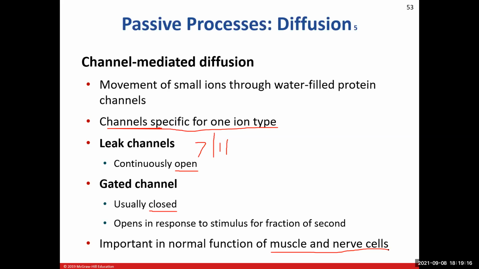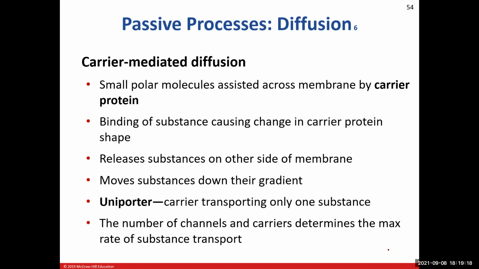So the other type of facilitated diffusion is going to be carrier-mediated diffusion. And so we'll deal again here with small polar molecules. But now in this case, instead of having a channel, they're going to use a carrier protein. And what will happen is, say it's for glucose. So say we have a carrier that is designed to get glucose inside the cell.